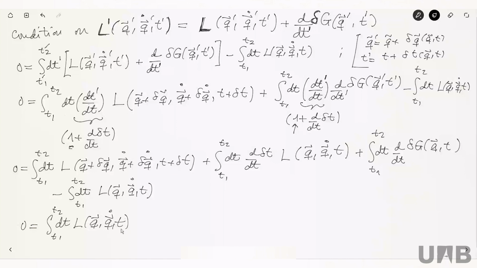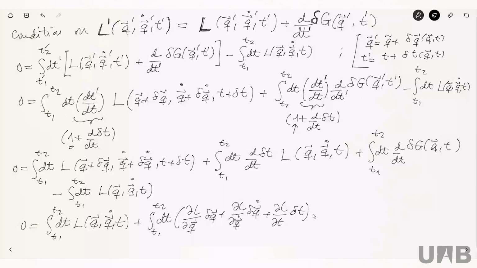And now come the variations due to delta q dot, etc. So that's going to be plus the integral dt from t1 to t2 of the derivative of L with respect to q times delta q, plus the derivative of L with respect to q dot times delta q dot, plus the derivative of L with respect to t times delta t, right?